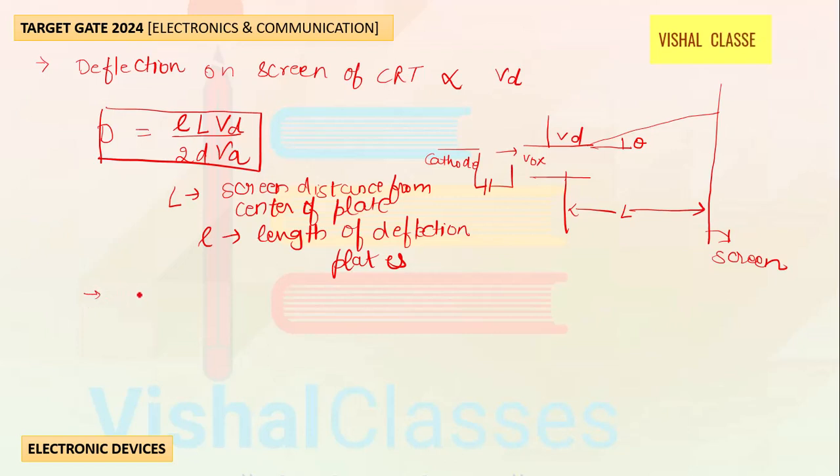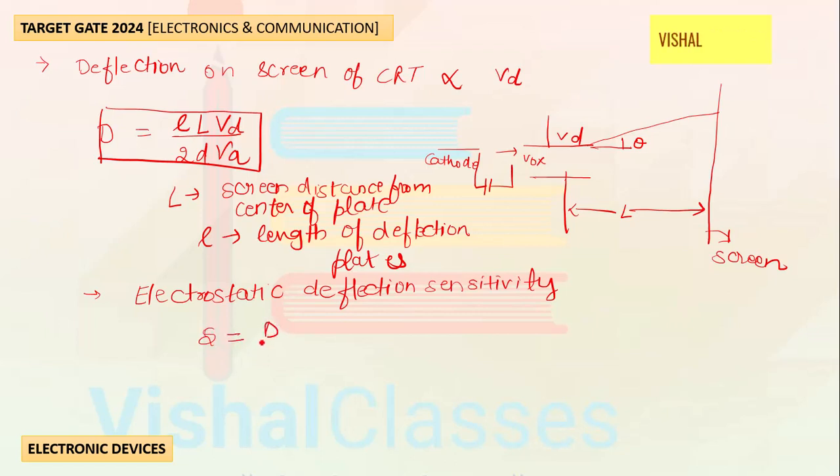Also remember one more formula: electrostatic deflection sensitivity of CRT, cathode ray tube, is given as deflection upon Vd.